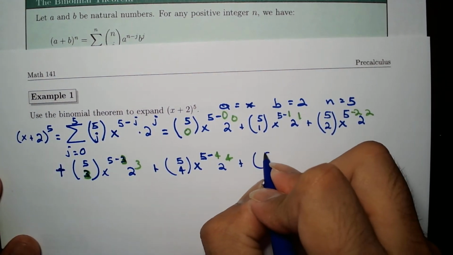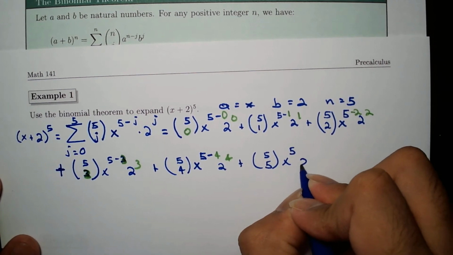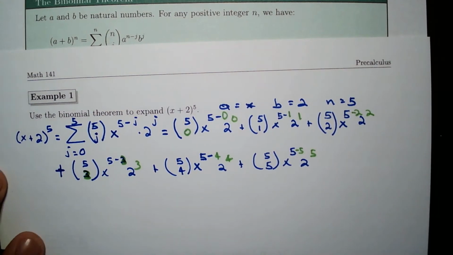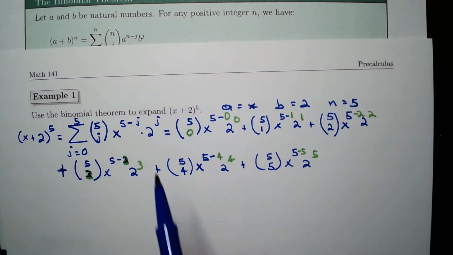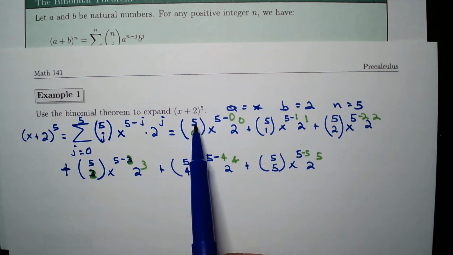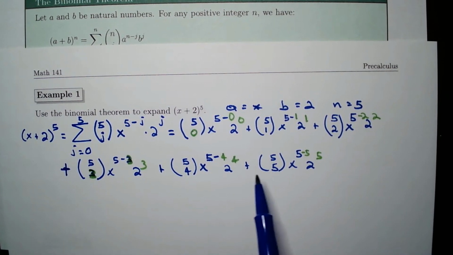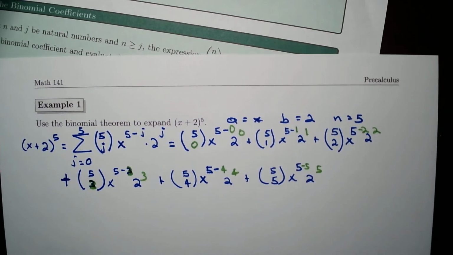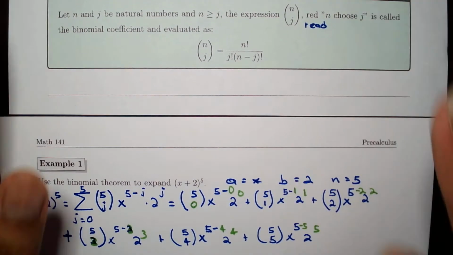So in this case, 5 choose 5, x to the 5 minus 5, 2 to the 5th. Okay, so we need to evaluate these quantities: 5 choose 0, 5 choose 1, 5 choose 2, 5 choose 3, 5 choose 4, 5 choose 5, in order to keep going with this. So we're going to use the definition of the binomial coefficients to evaluate those expressions.